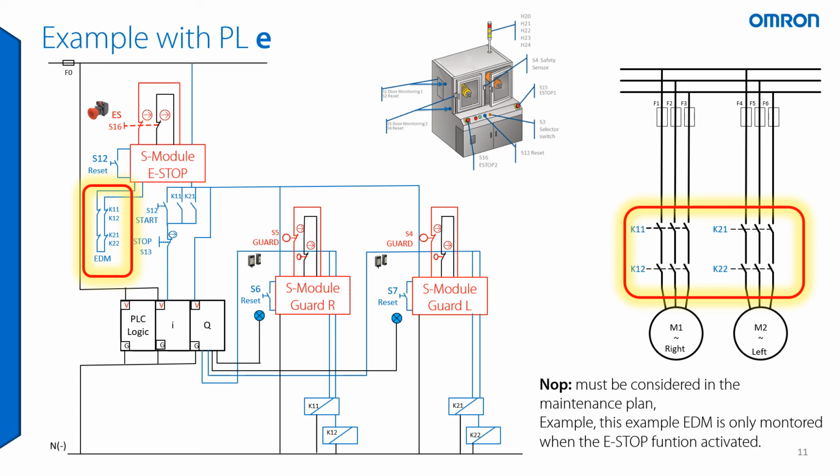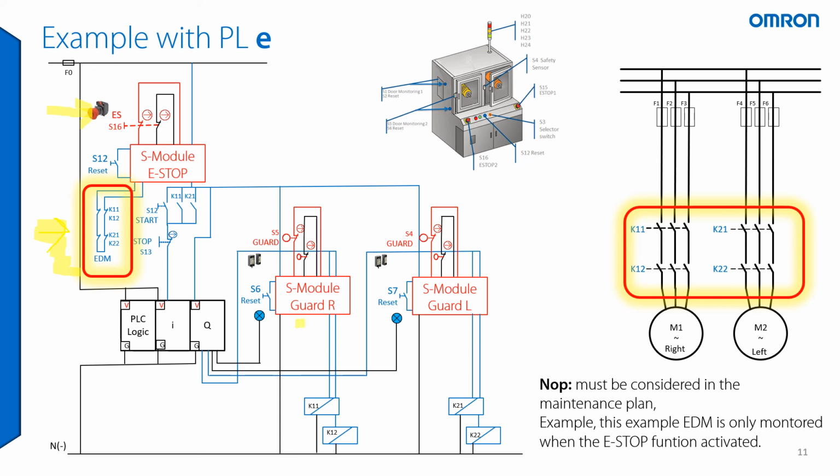That means the EDM function will only be monitored and linked with the safety emergency stop part. So in this case, only when the emergency stop push button is pressed, this part will be monitored. So the number of operations or checks is limited or linked directly to the emergency stop module. That's a typical example of performance level E.